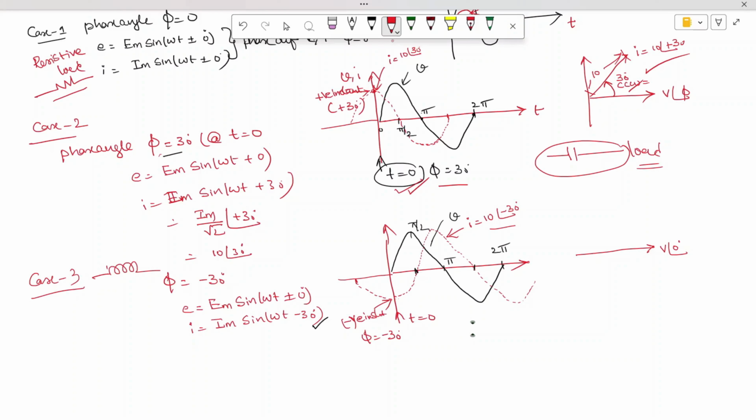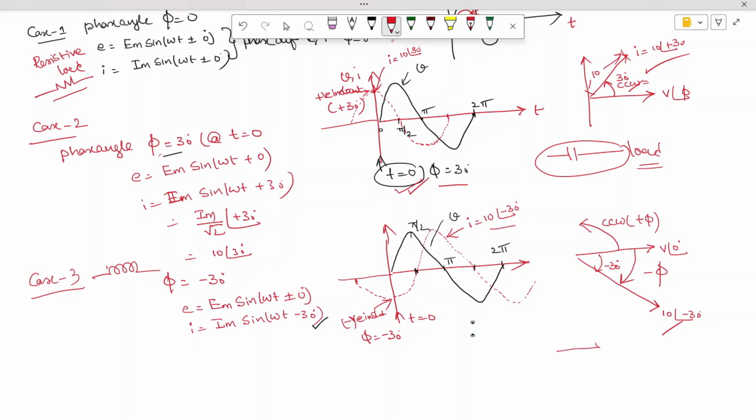When you move in the counterclockwise direction, you get plus 5. When you move in the clockwise direction, you get minus 5. Here the current magnitude is 10 at an angle of minus 30 degrees. So this angle is minus 30 degrees. This is nothing but the phasor representation of the waveforms.